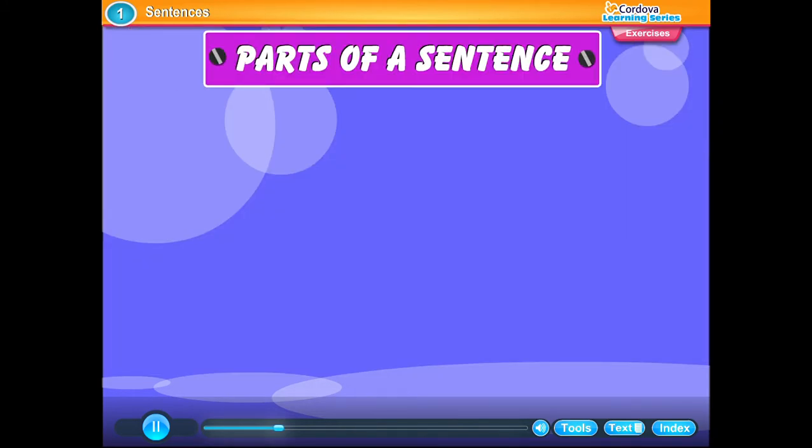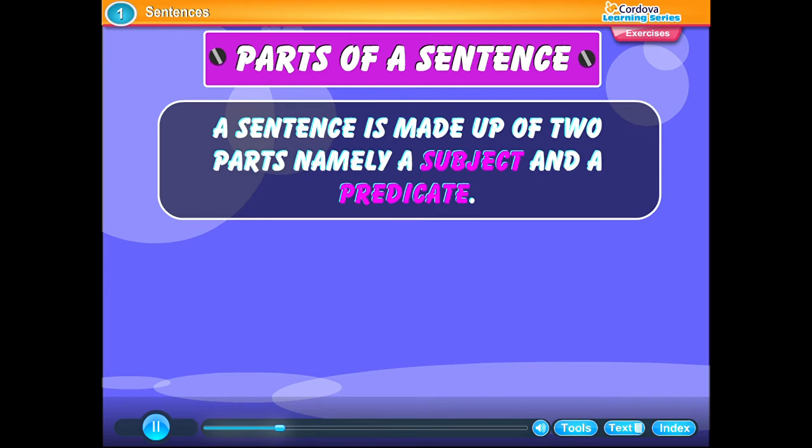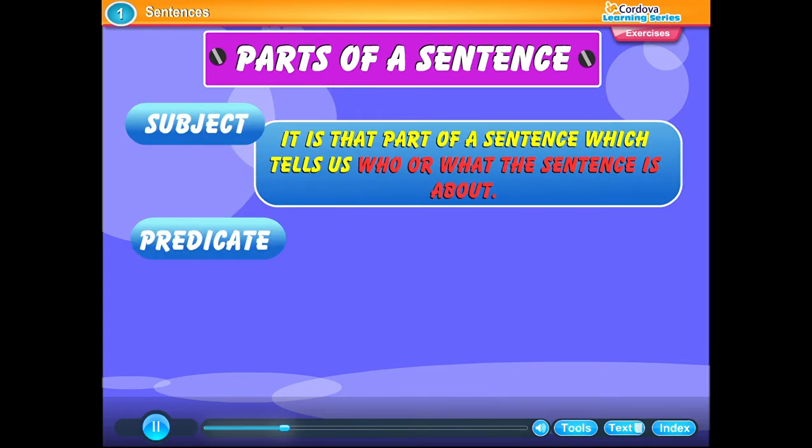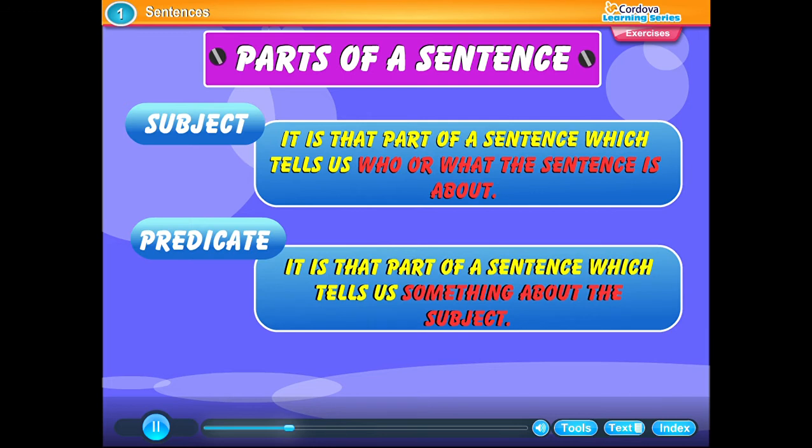Parts of a sentence. A sentence is made up of two parts, namely, a subject and a predicate. Subject. It is that part of a sentence which tells us who or what the sentence is about. Predicate. It is that part of a sentence which tells us something about the subject.